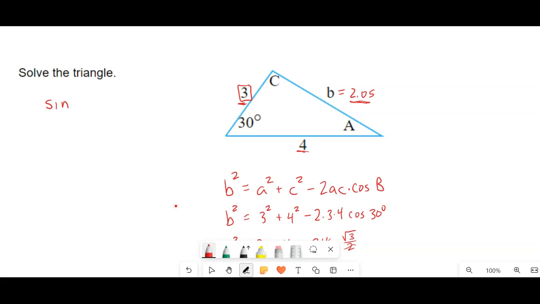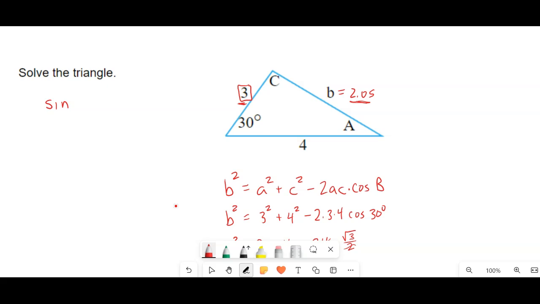If there was an obtuse angle, it would have to be C. I don't want to find any angle that could be obtuse with the law of sines. I can find angles that are obtuse with the law of cosines, but I don't want to do it with the law of sines. So I'm not going to solve for the largest angle with the law of sines.